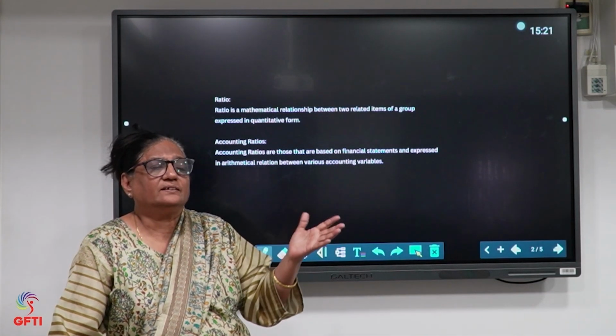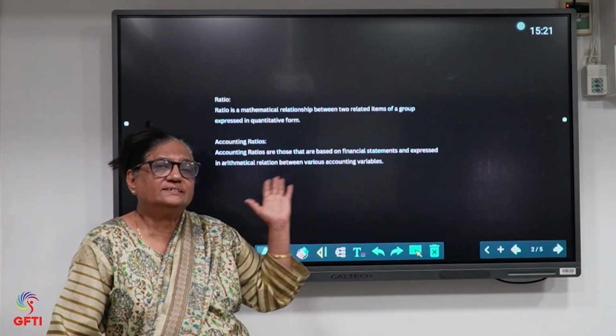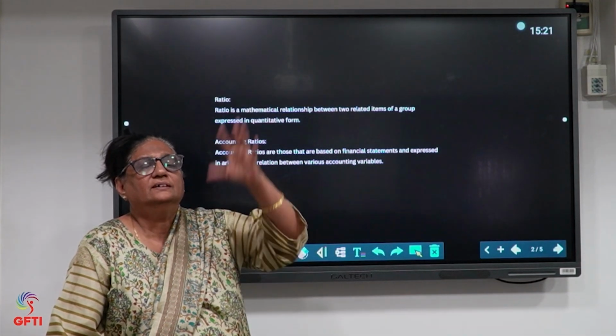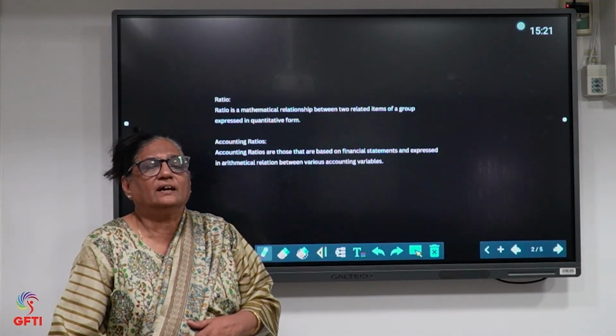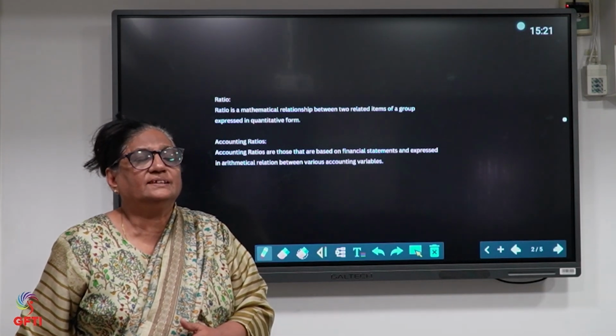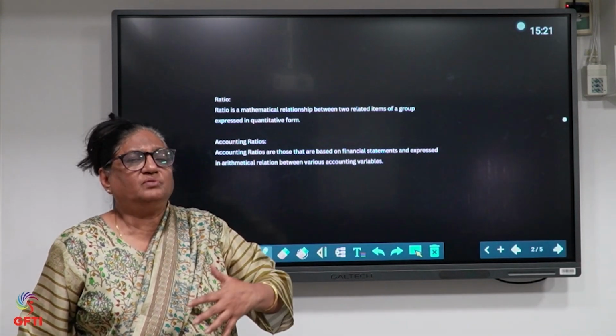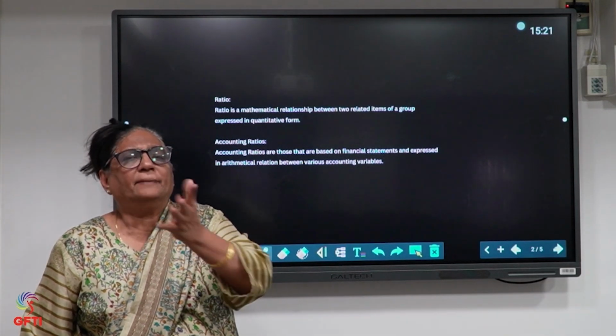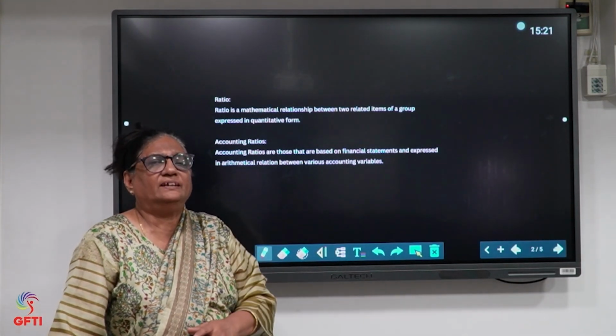So I'll start with the accounting ratios first today. Then I will go with the format of company accounts as per Schedule 3 of Companies Act of 2013. Once I put the format, the same format is applicable for your common size and comparative income as well as balance sheet.